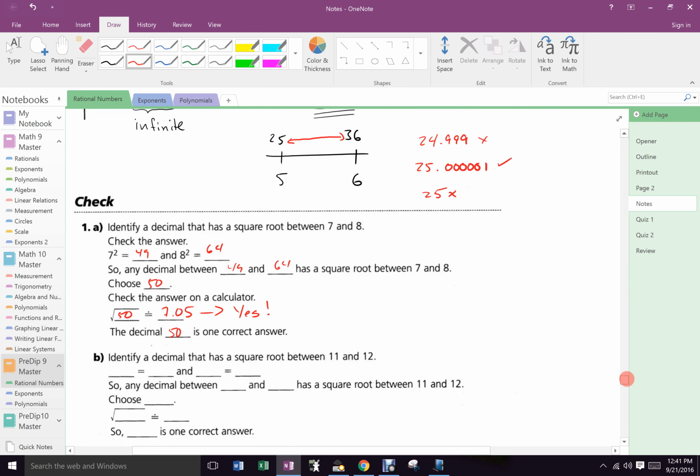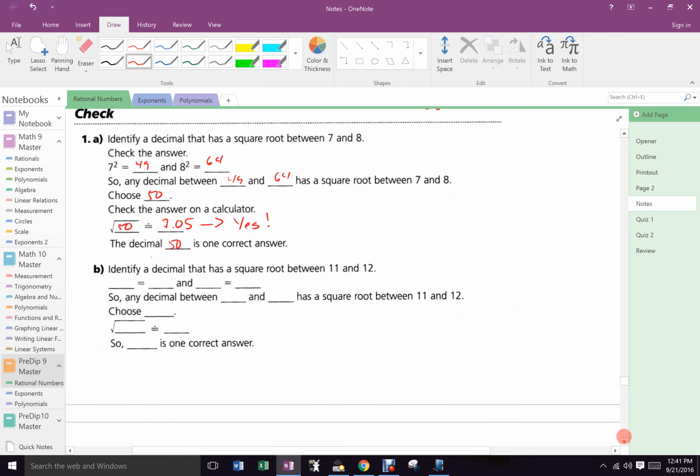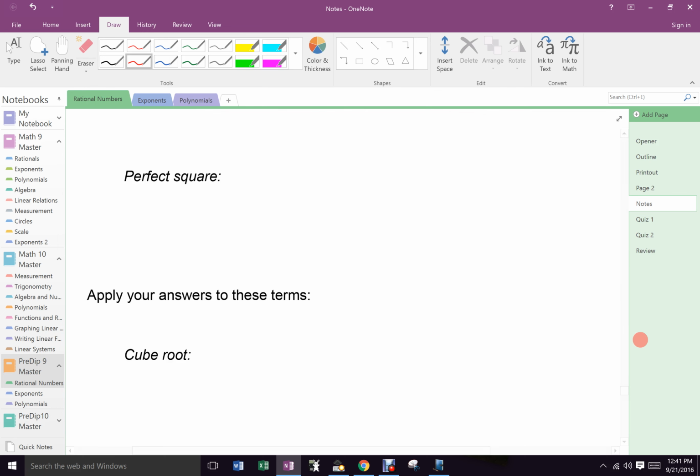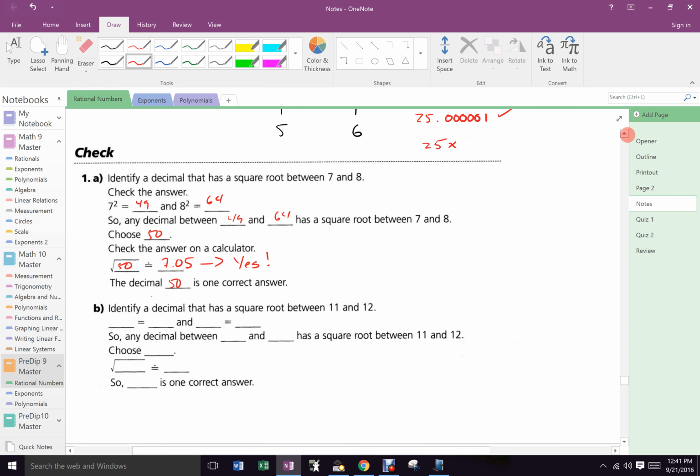Do you understand what it is that I know? That's tomorrow's work. 11 and 12, you guys should be able to fill that in. It should take about 30 seconds. Not even.